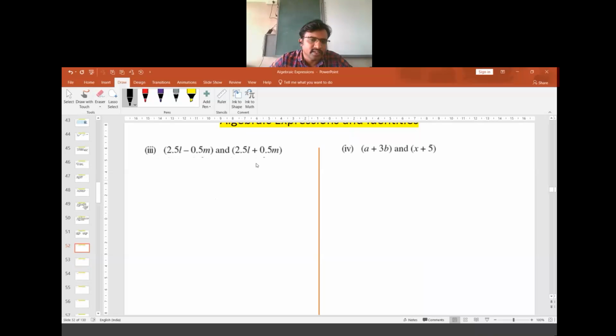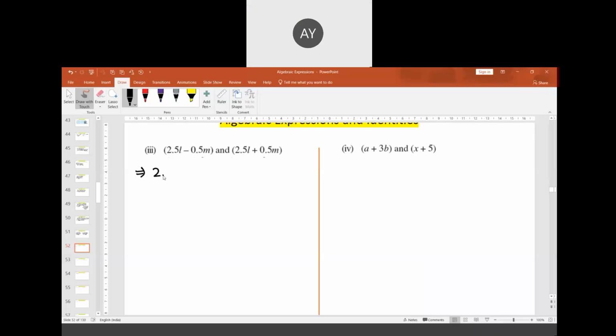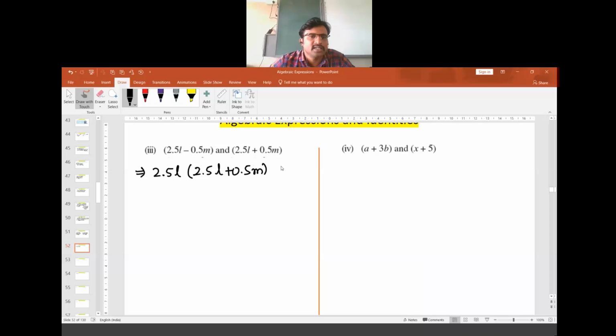Simple. Third one. When the decimal is there also, we have to follow the same procedure. Square. 2.5 into 2.5 will give 6.25.